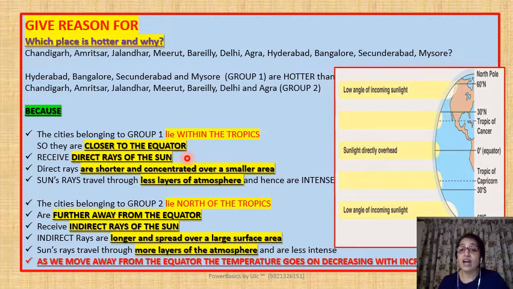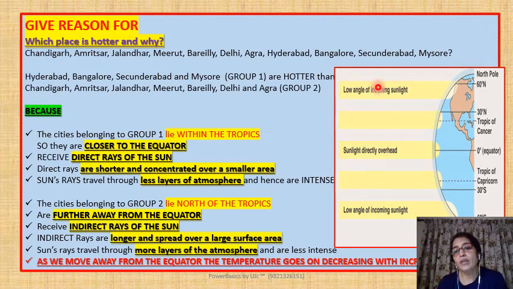They receive the direct rays of the sun. The direct rays of the sun are shorter and concentrated over a smaller area. The sun's rays travel through lesser layers of the atmosphere and are intense. So, this is not India, this is America, but see, when the sun is overhead, the sun's rays are concentrated over a smaller area.